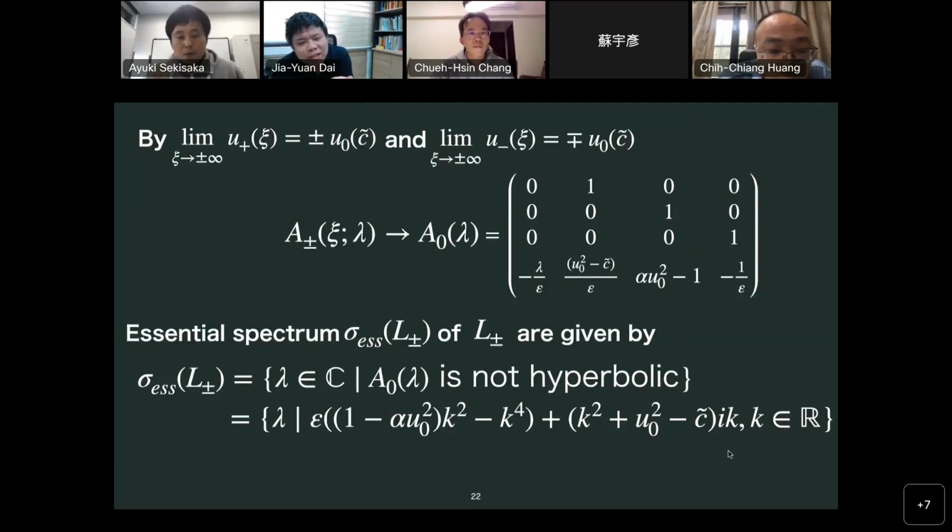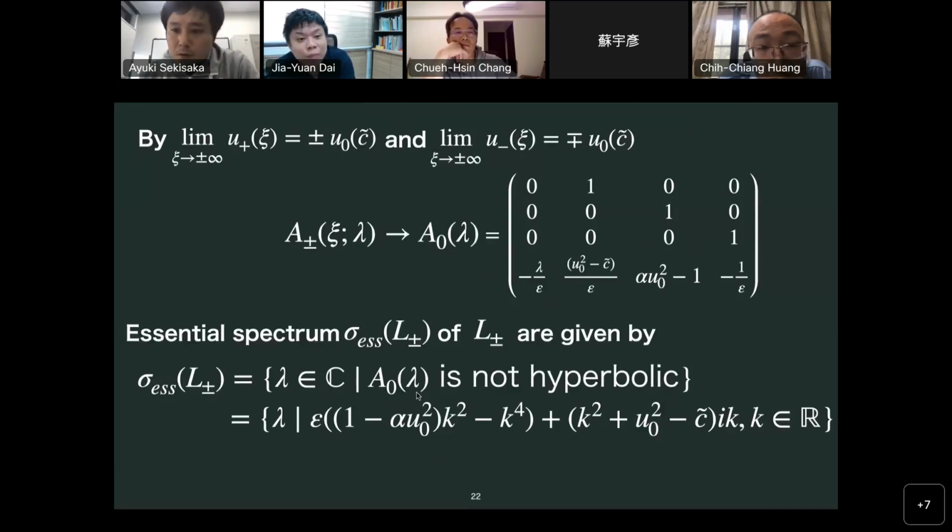Do you mean some equality? This is not a relation, that's not equal. What do you mean by this? Okay, this relation means that A0 lambda is not hyperbolic, meaning at least one of the 4 eigenvalues of A0 lambda is on the imaginary axis.